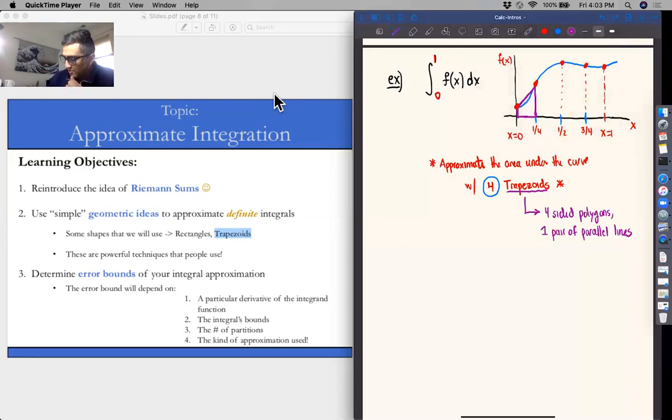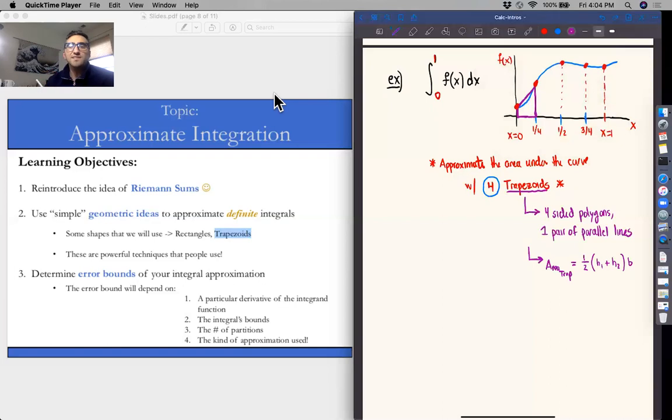The other thing that's useful is the area of a trapezoid is equal to 1/2 times height 1 plus height 2 times the base.